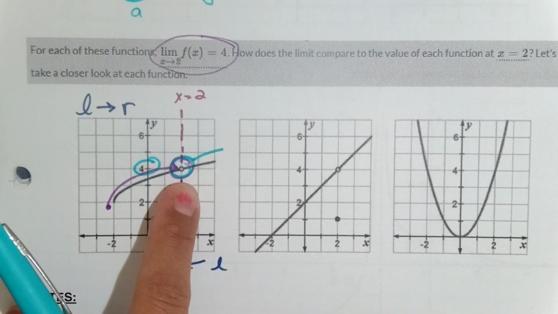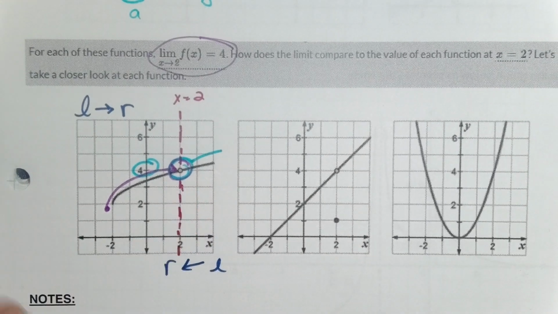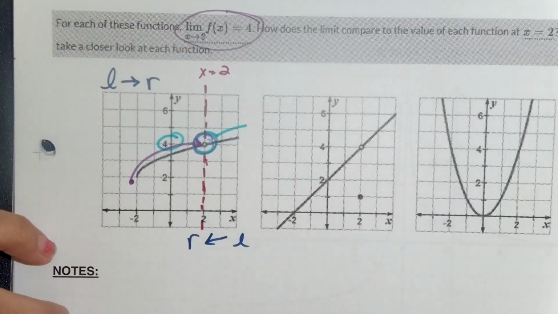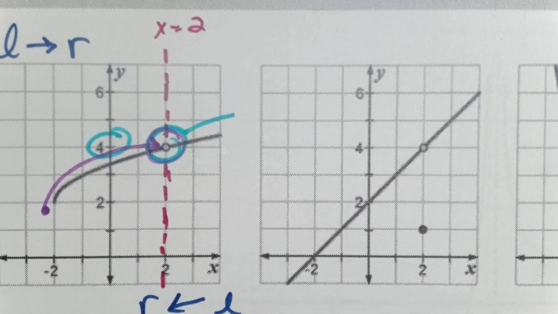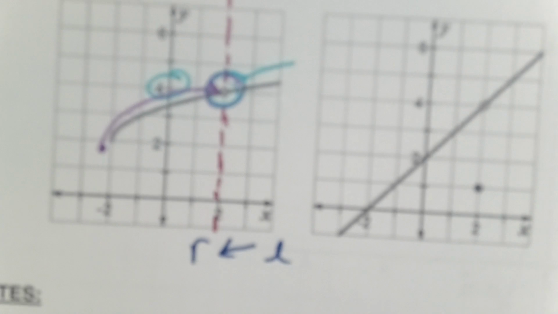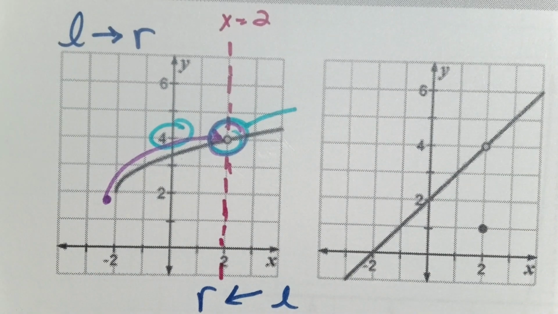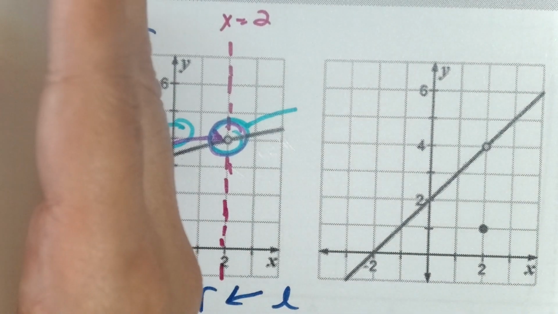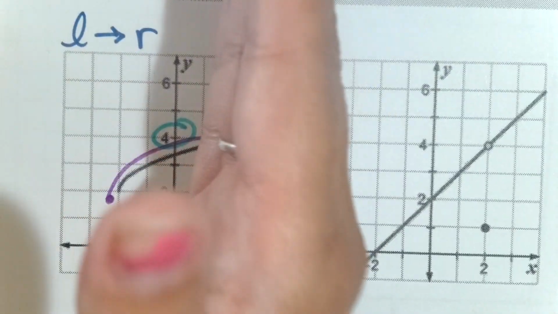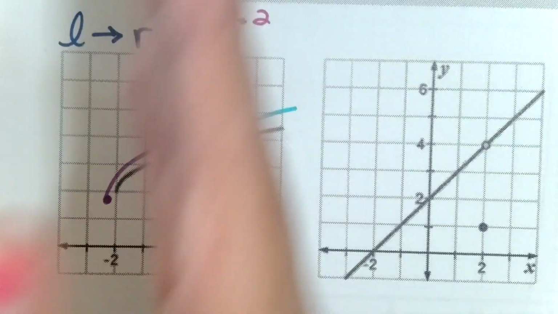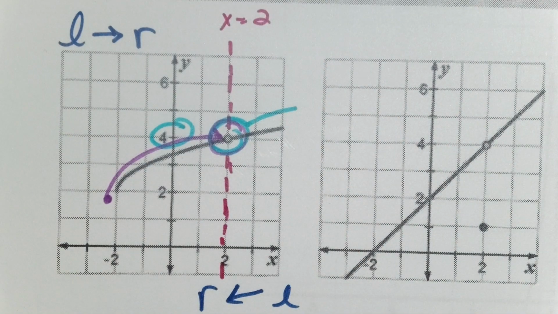Does that make sense? No? Okay, I'll explain it again. I'm going to zoom in more, okay? So, in order for a limit to exist, to have its own number, the left side needs to get to the same number as the right side, okay?